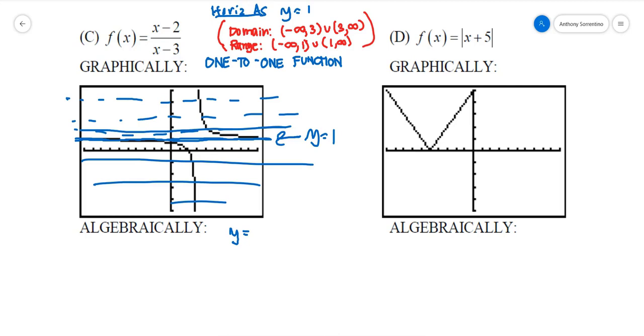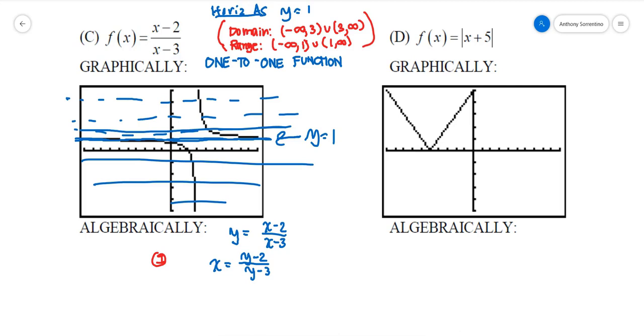I would set first y equals x minus 2 over x minus 3. I'm going to do my inverse, where I can now say that I have x equaling y minus 2 over y minus 3.